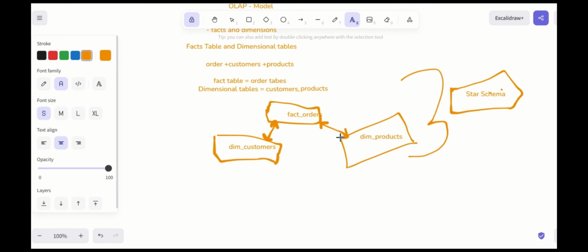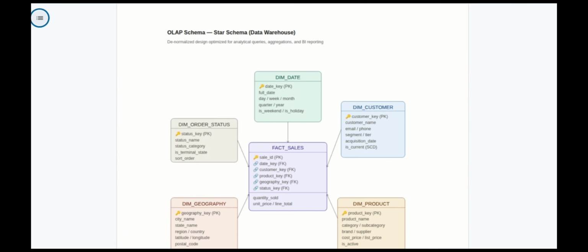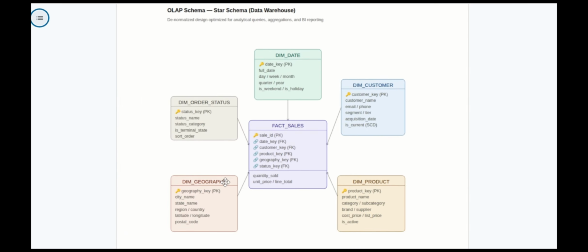So as you have seen here, we have gotten our facts orders, and our dim customer and our dim products. So let's see the summary.